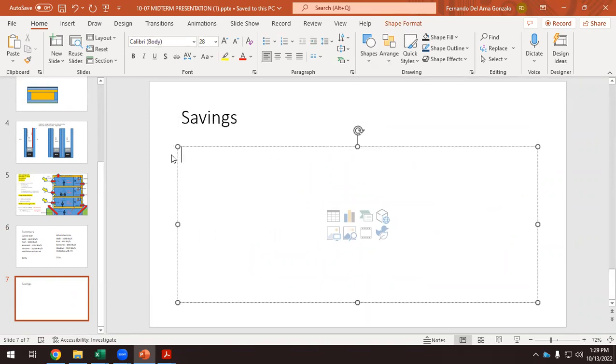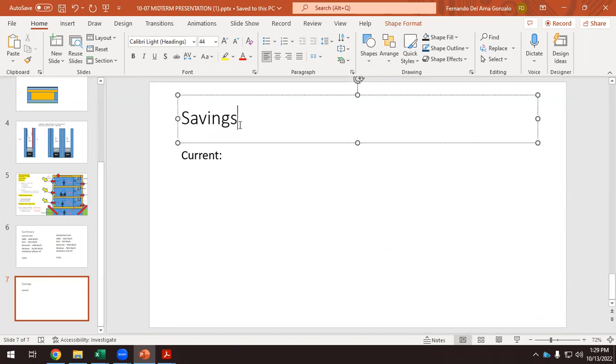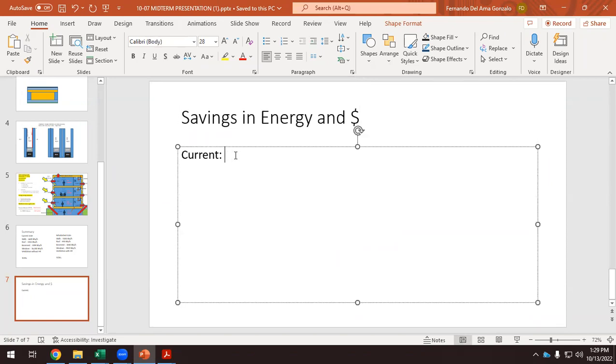What are the savings? First analysis or current. We are going to calculate the savings in energy and money. So what is the energy that we consume in the current state?